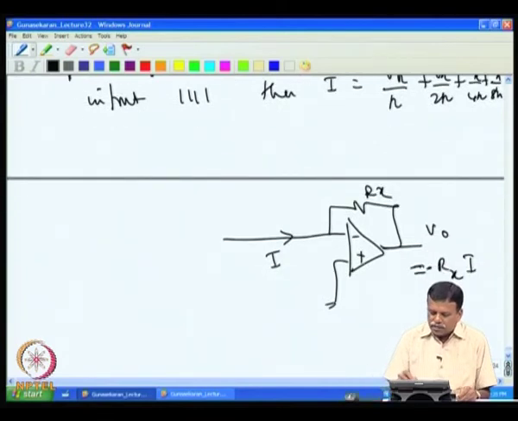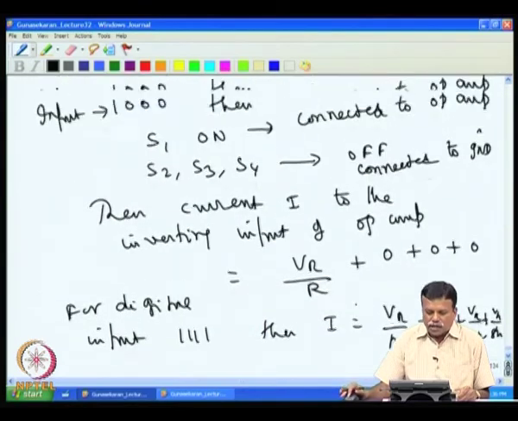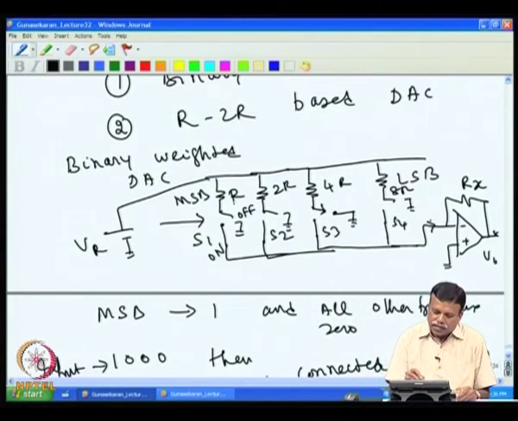However, this converter has a problem in the sense that 4 accurately calibrated resistors are required. For example, if I have 1 k, then 2 k, 4 k, 8 k, each resistor should be accurate to 2 power 4, that is 1 in 16 accuracy is demanded.